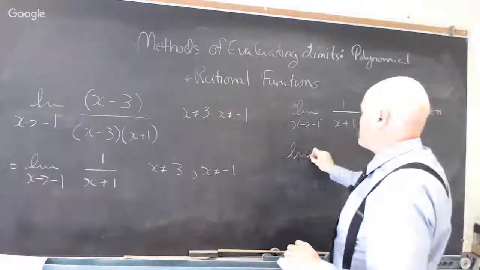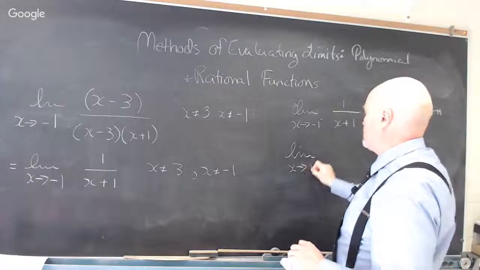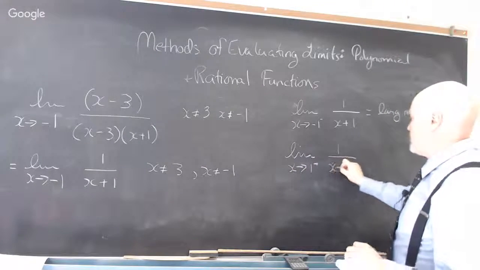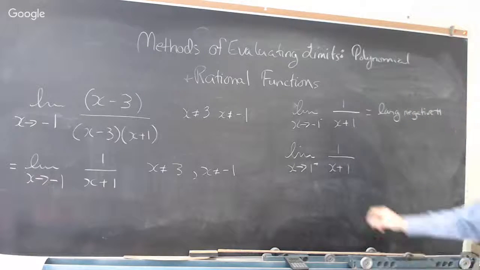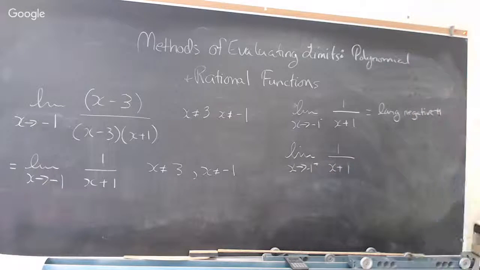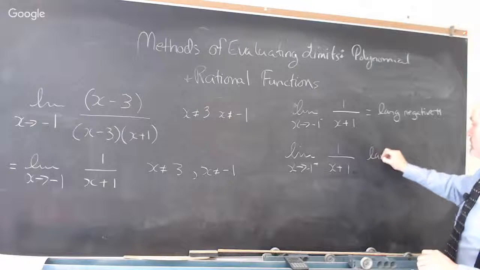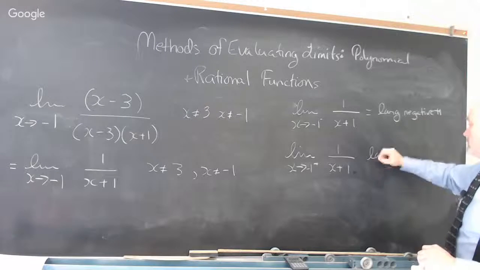And if I approach from the right, so I approach from above, approach -1 from above, in other words, -0.9, -0.99, I'm going to get a large positive number.